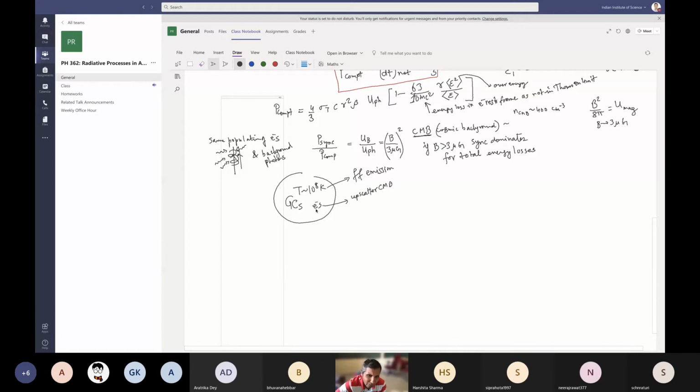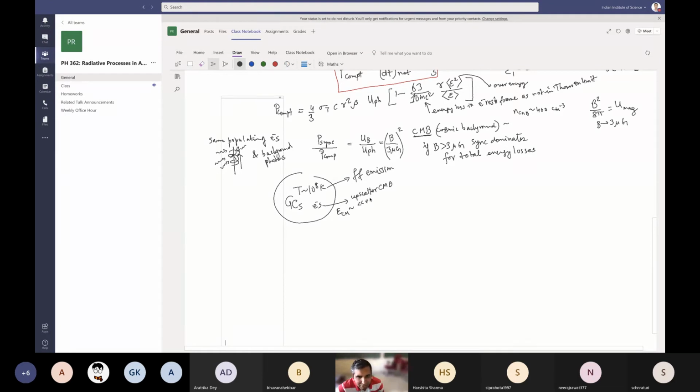These are thermal electrons. So 10 to the 8 Kelvin is still non-relativistic, right? Only for a few times 10 to the 9 Kelvin do electrons become relativistic. The CMB photon energy is microwave, so 1 millimeter to centimeter wavelength basically.